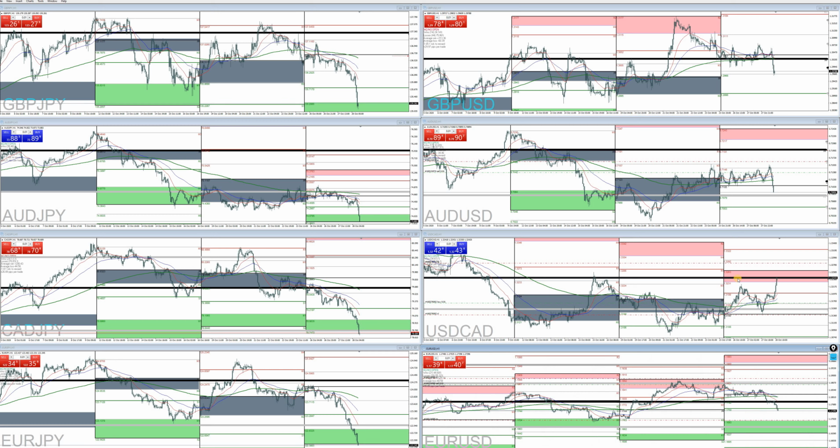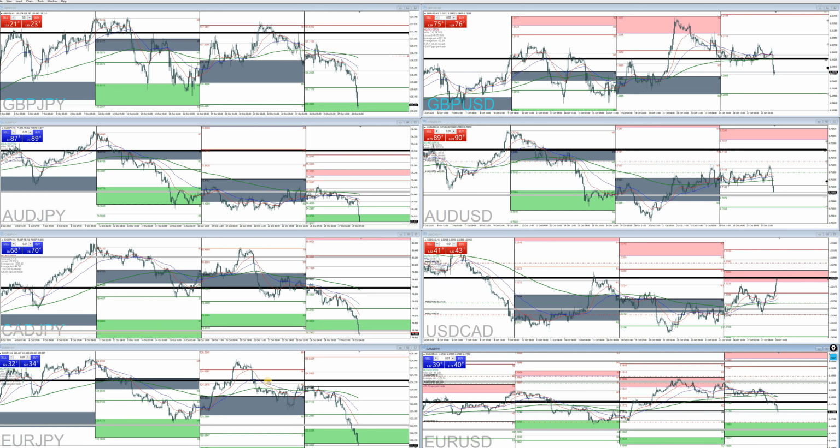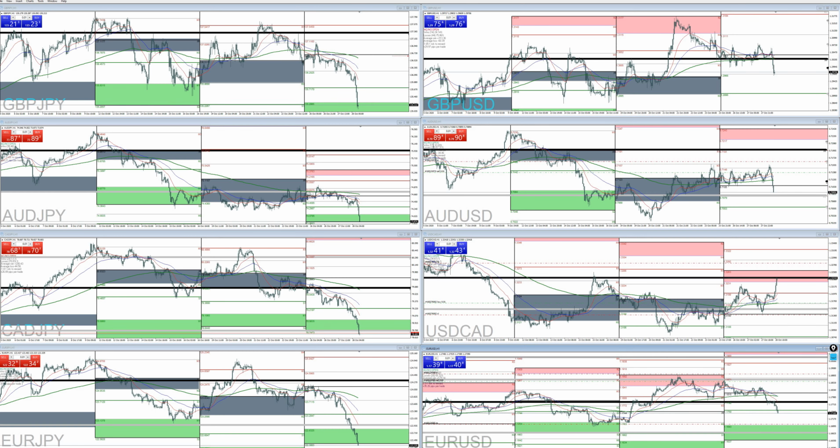This would be a play for 157 pips. And that would be in line with my average win being 129.14. So go ahead and keep it there.